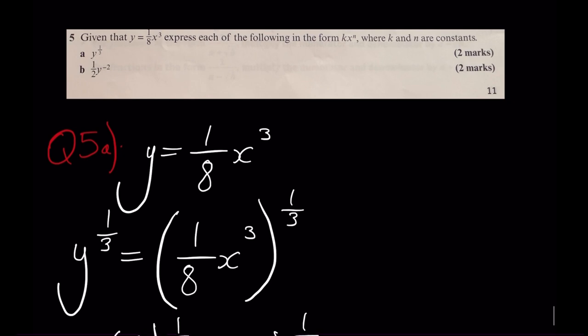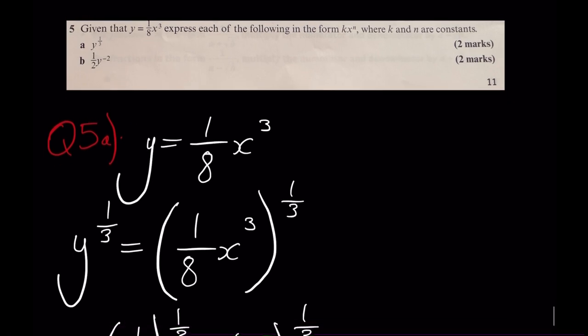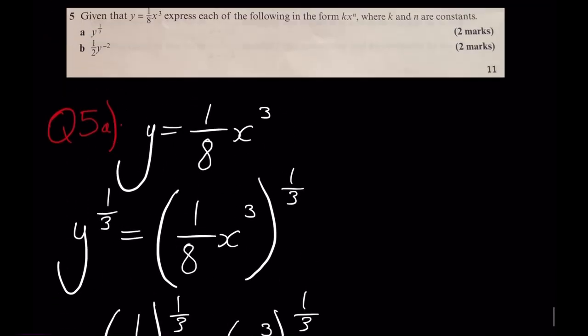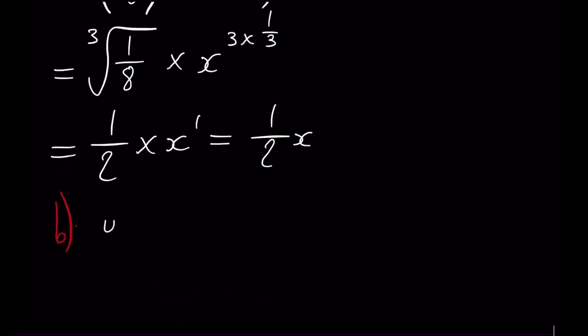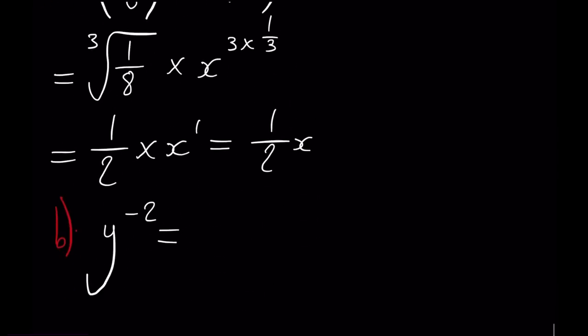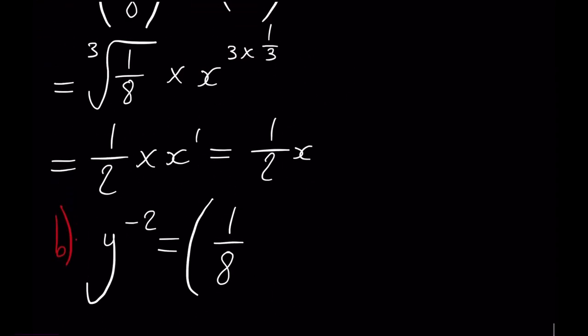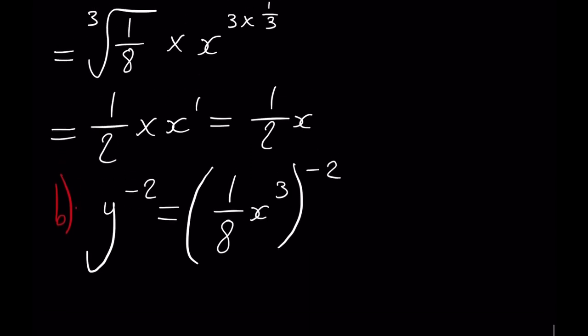For part B, we have to find half times y raised to the power -2. So I would prefer just starting off with finding y raised to the power -2 first, then dealing with the half. So y raised to the power -2 is equal to 1/8 x cubed all raised to the power -2.